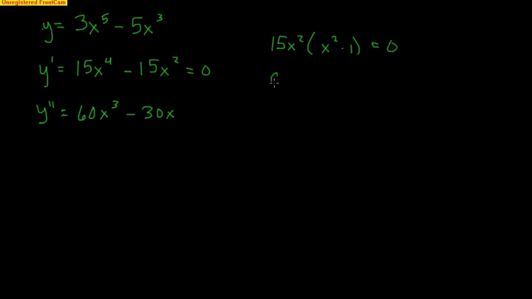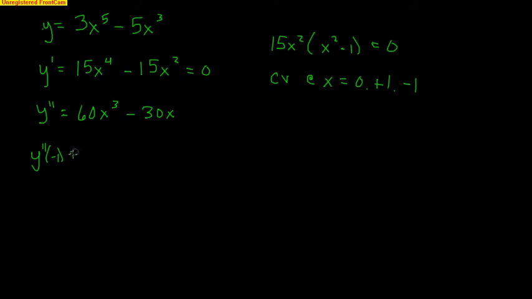So that means I'll have critical values at x equals 0 from the first factor, and then plus or minus 1 for x squared minus 1 there. So plus 1 and minus 1. Alright, so I got to test 0, 1, and negative 1 into my second derivative. Okay, I'll do the plus and minus 1 here because that 0 is going to fail, but let's do the plus and minus 1.